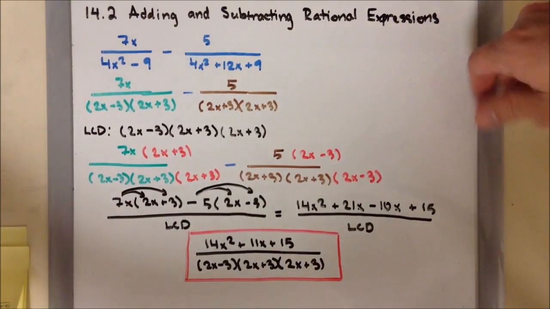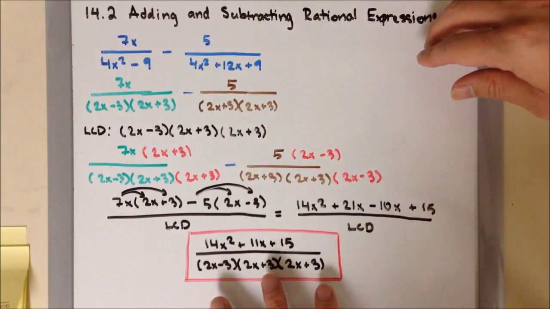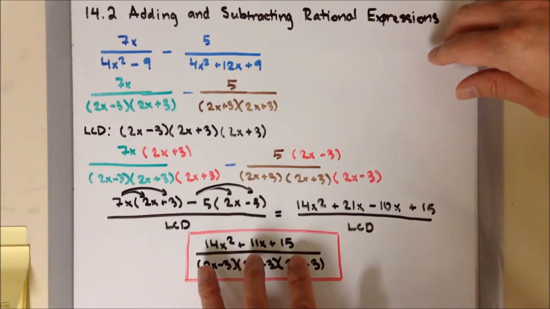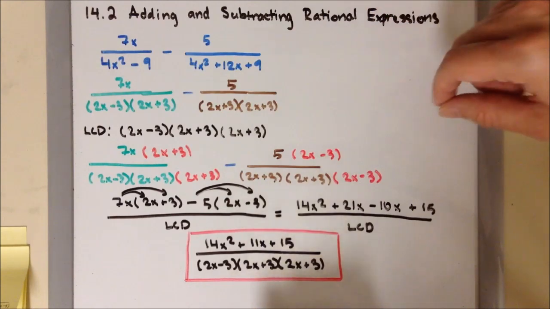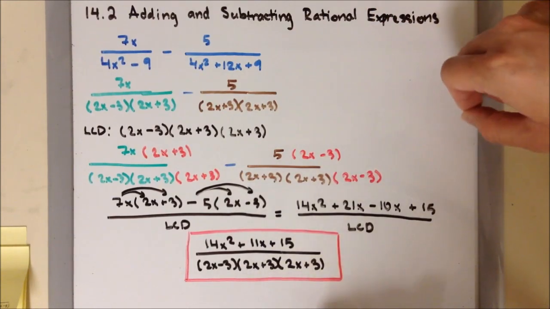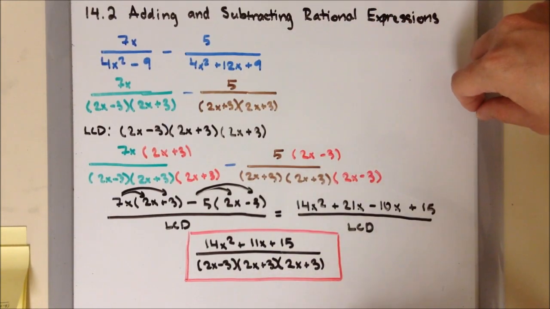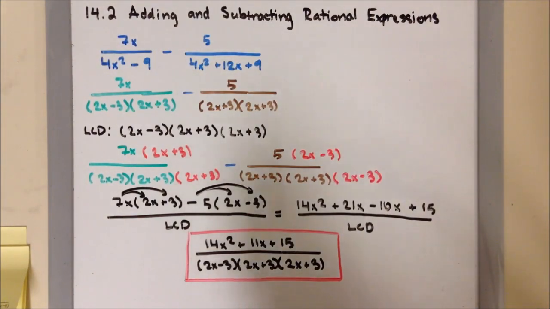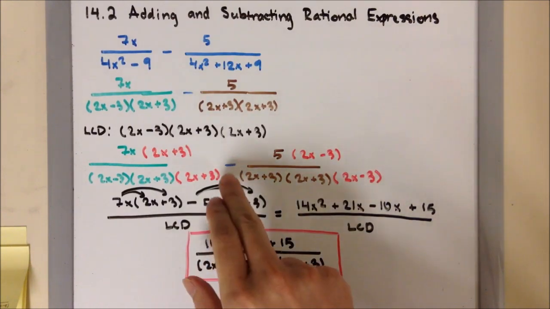Now when you're writing out the answer, just be very careful, since we have a long LCD and also a long numerator. Don't make small mistakes and end up getting the wrong answer. But what I do stress is to be very careful when you're working with subtraction.